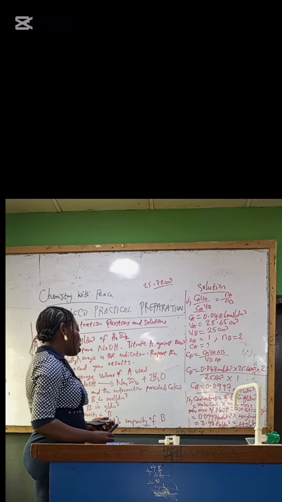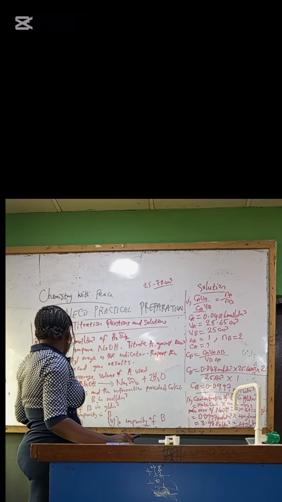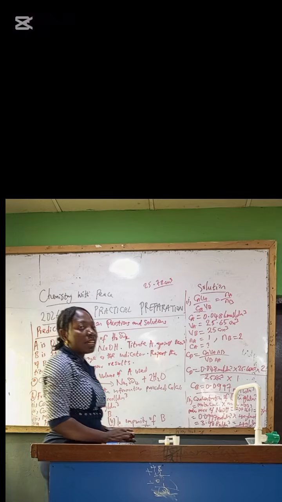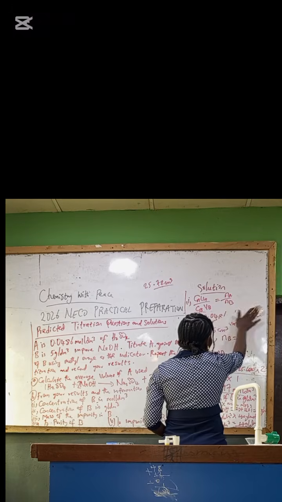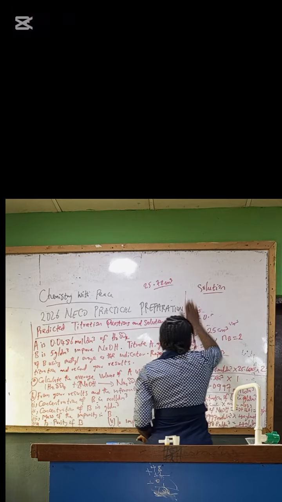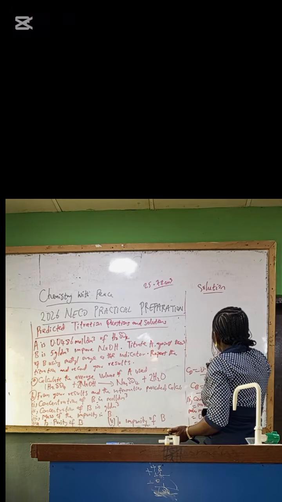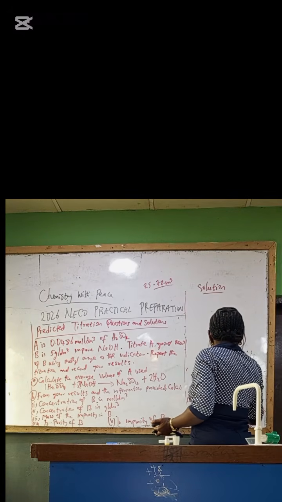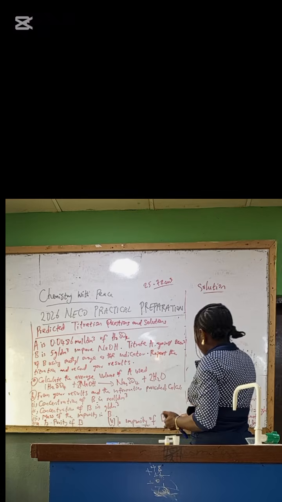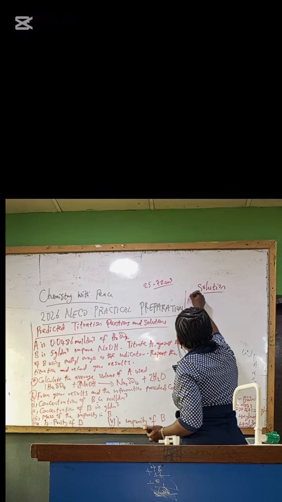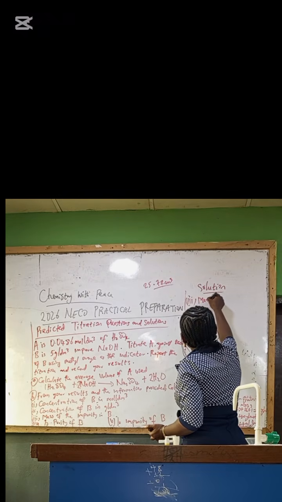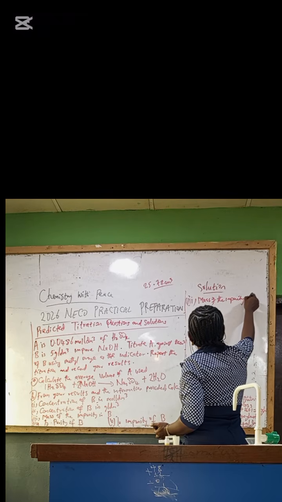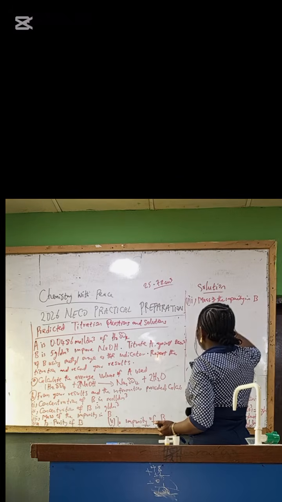Then the next question now says mass of the impurity in B. How do you find the mass of the impurity in B?